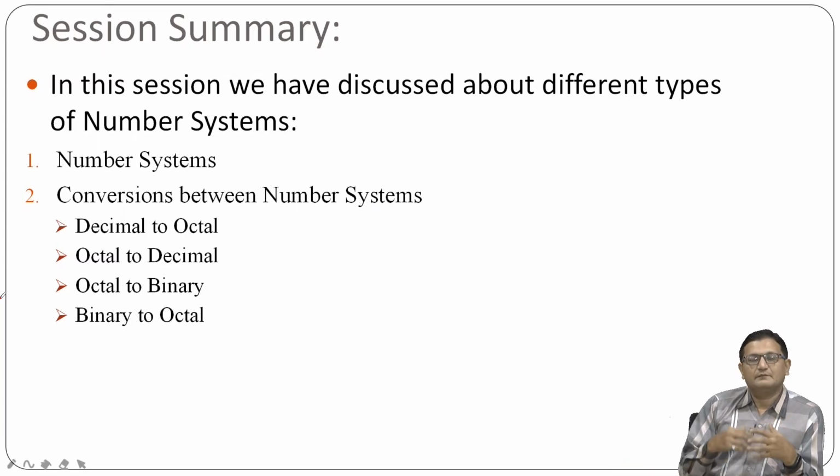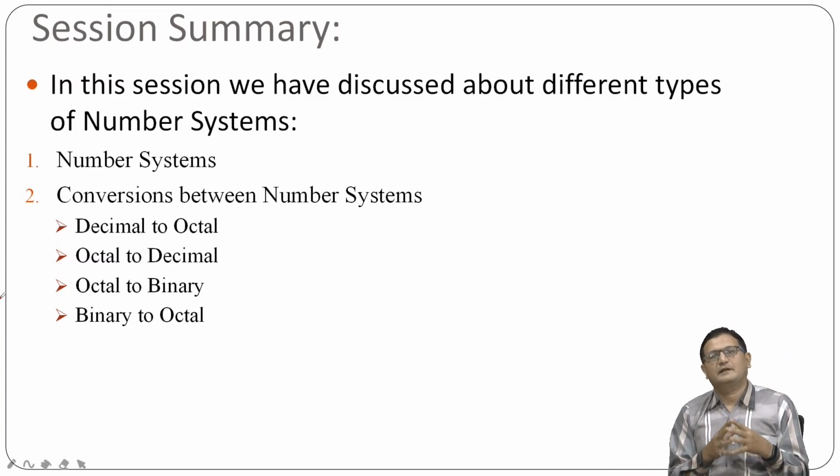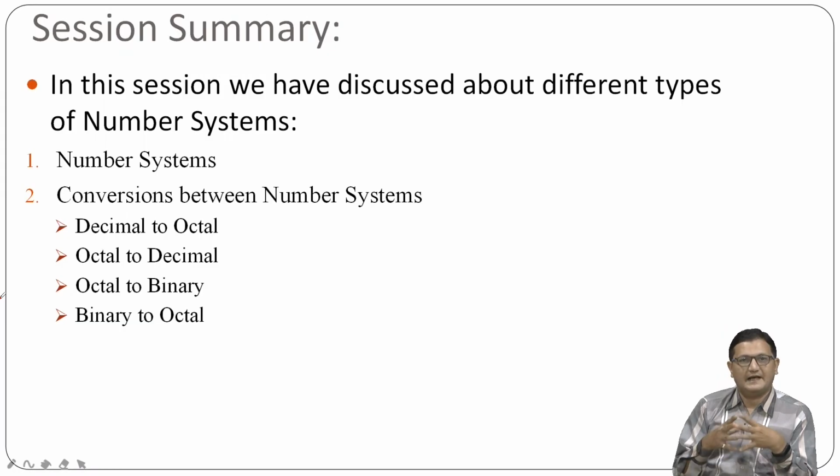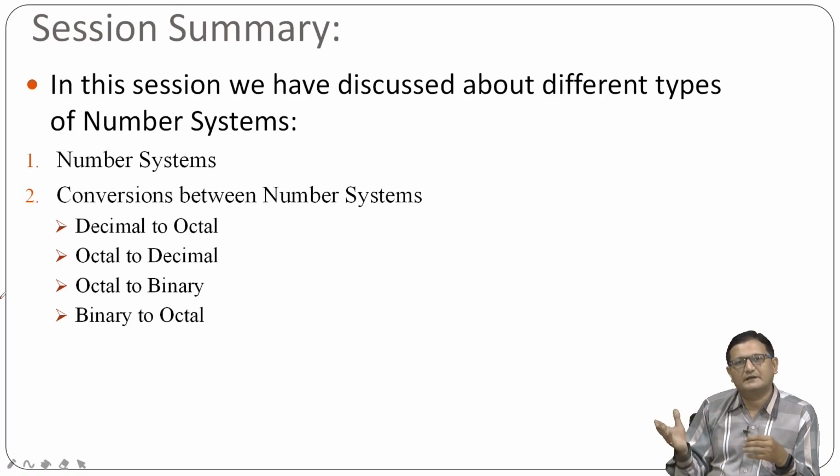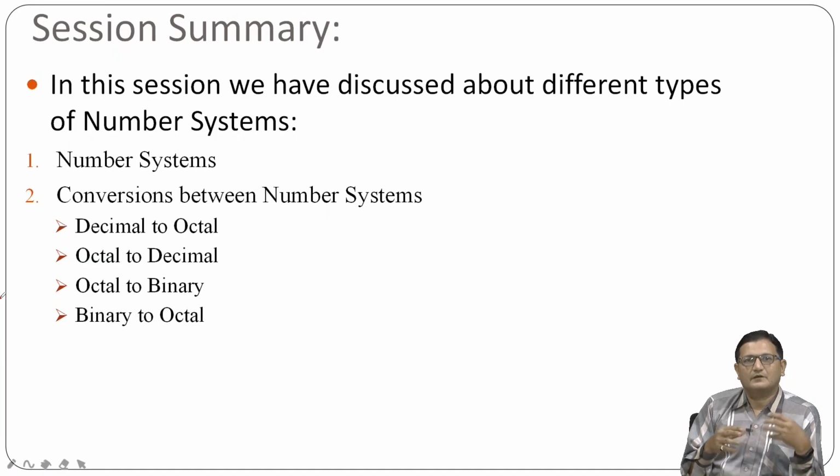Fine. There is one more numbering system, which is called the hexadecimal number system. We will discuss more on the hexadecimal number system and how it can be converted into decimal, binary, or octal, in the next video.